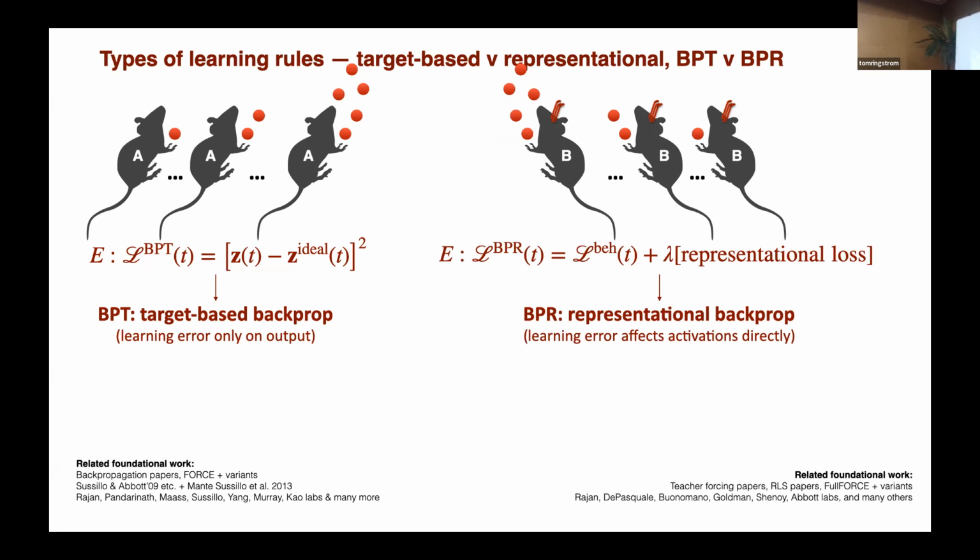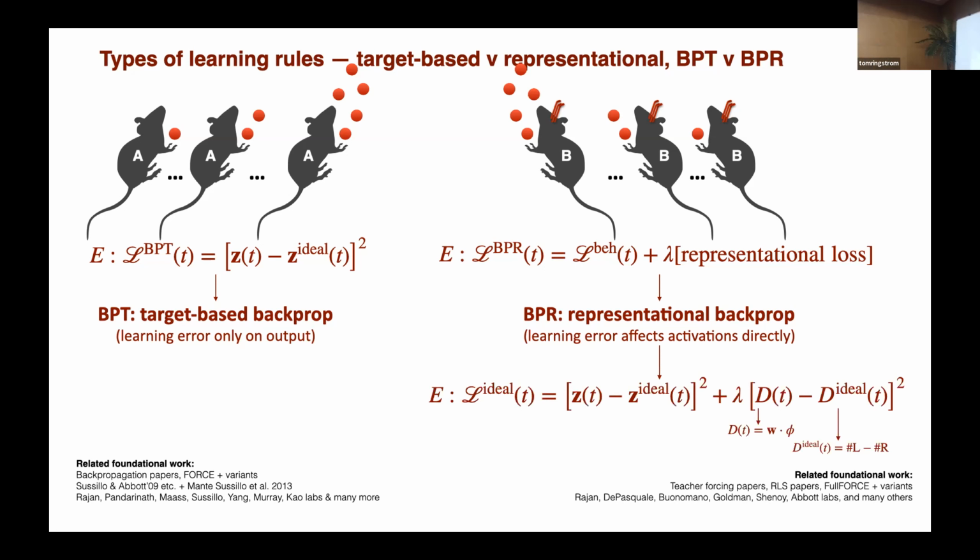So all of a sudden, you're working in the category of a higher dimensional error in the neural dynamics than you had in the error that's computed only on the behavior. And so one possibility for the kind of tasks I showed you is that you're affecting the activations directly, something like the discrepancy. Right? You could be computing, if I want to record from a region, what am I reading out? So if I want to read out something like discrepancy, that would be a nice thing to represent in the neural dynamics, right? So I can introduce that as a representational loss.